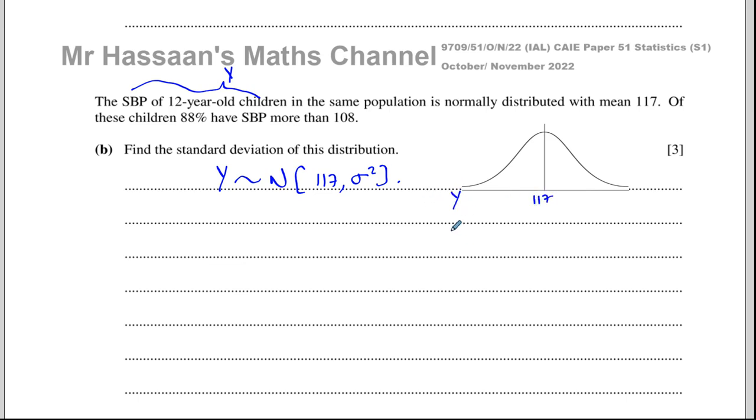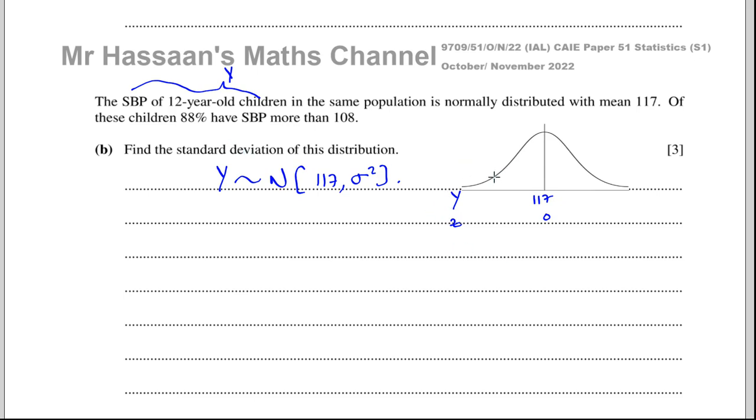That's the Y value, we called it Y. And the Z value would be 0 for where the mean is, that we're standardizing the score. And we know that 88% have a systolic blood pressure more than 108. So that means, of course, that 88% of the people are above that value.